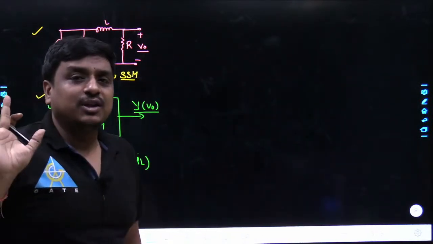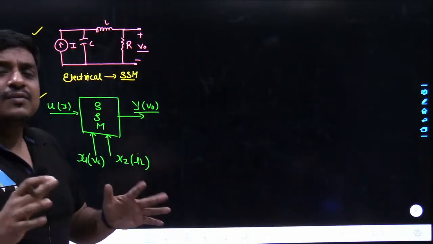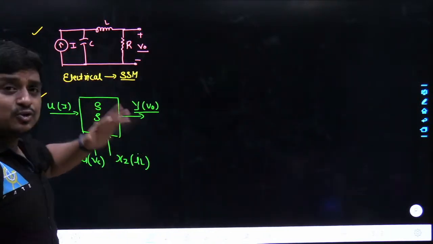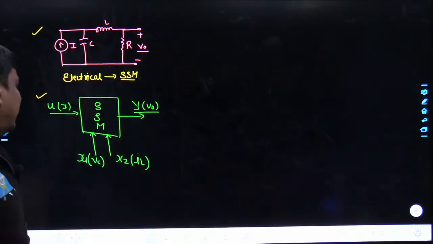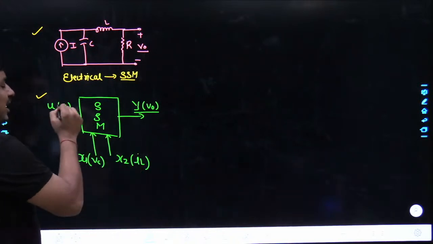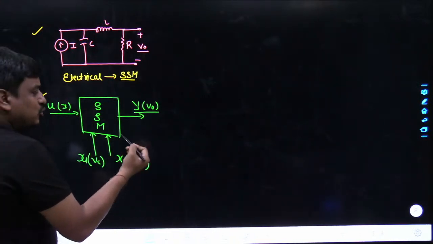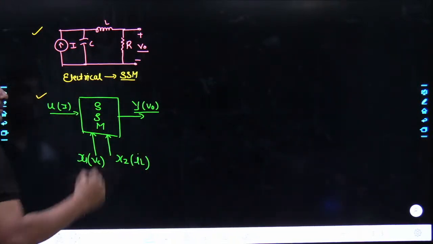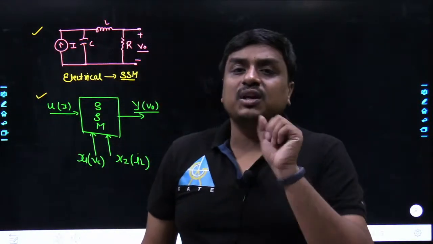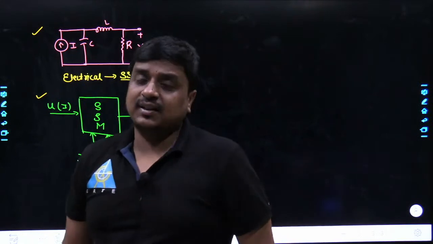Nobody should have any doubt as such. So whatever KVL, whatever KCL, whatever law you have to apply within the circuit, that has to move around the same concept: Vc dot should be a function of Vc, IL, I. Similarly, IL dot has to be a function of Vc, IL and I. And from there you would get equation number 1, and from there you would be able to extract matrix A and matrix B.